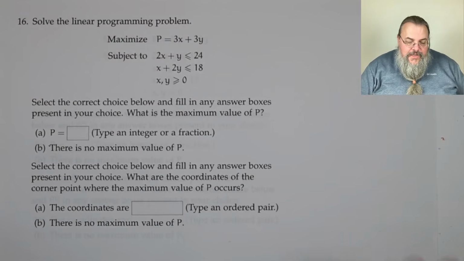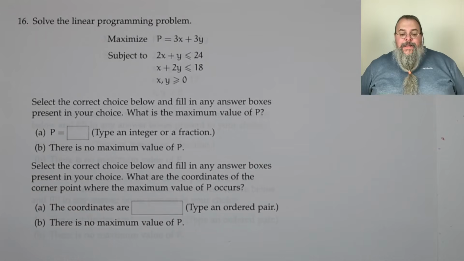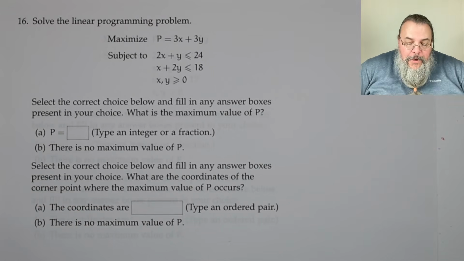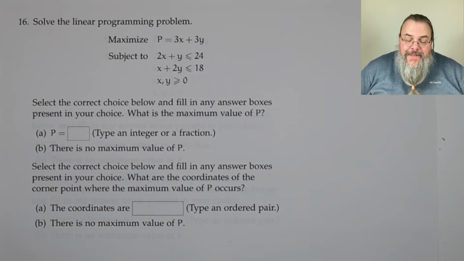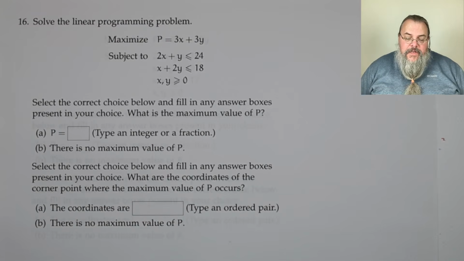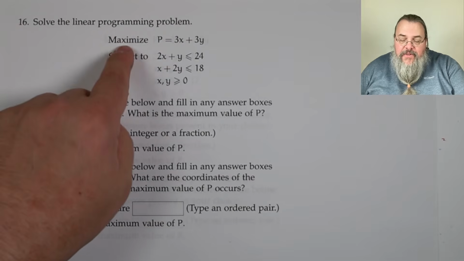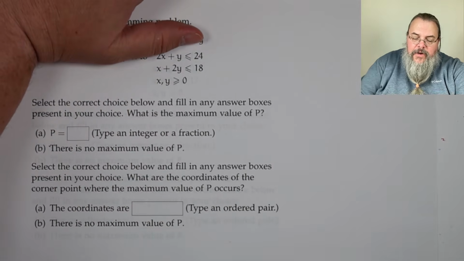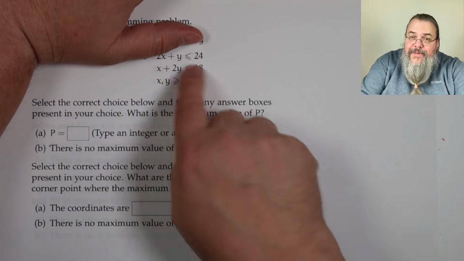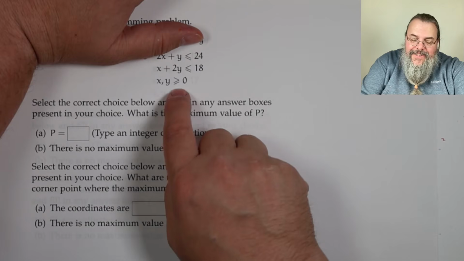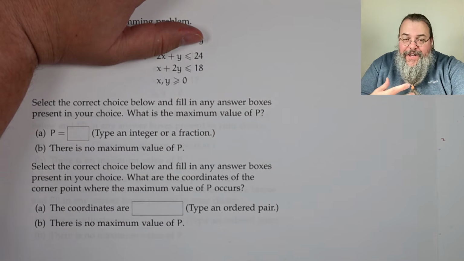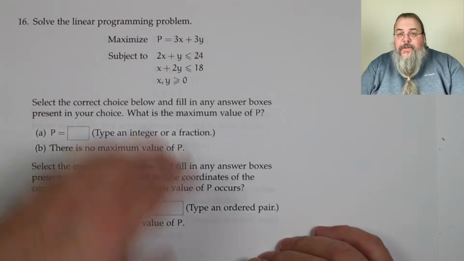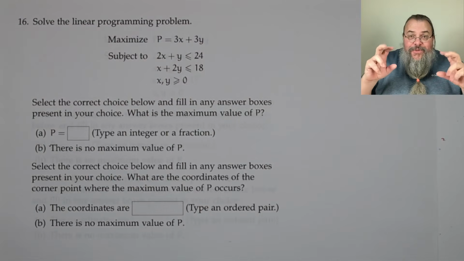Number 16. Solve the linear programming problem. Okay, so what makes this a linear programming problem? We're maximizing it. If we covered up the maximum, we'd say, oh, hey, this is a region in the plane. And it's one of these regions we've been drawing. So that's sometimes called the feasible set.